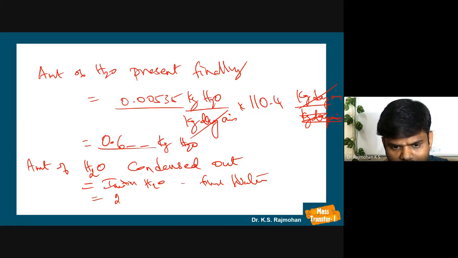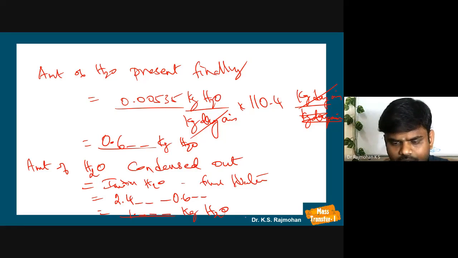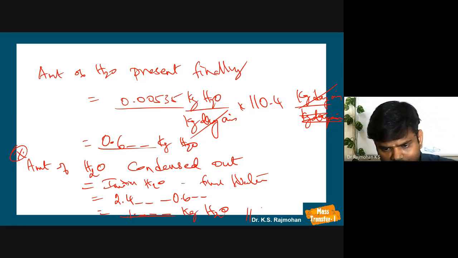So 2.4 minus final value of around 0.6 is equal to around 1.7 to 1.9. Comment your answer. 1.8 kg of water is condensed out. So this final answer, the amount of water condensed out, has to be reported.